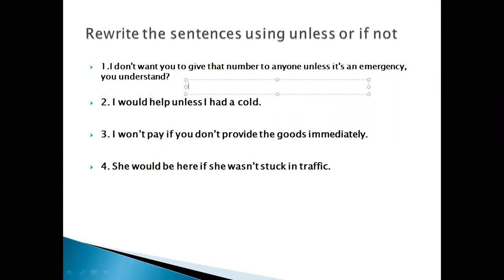Instead of unless I will say if it isn't an emergency, you understand.